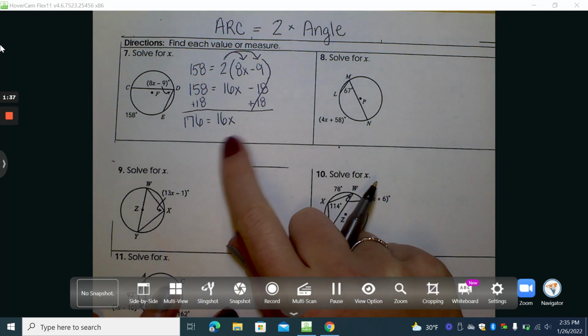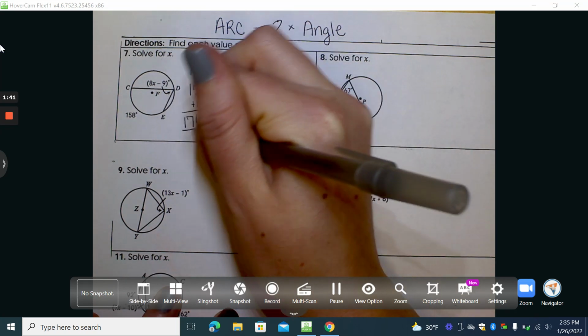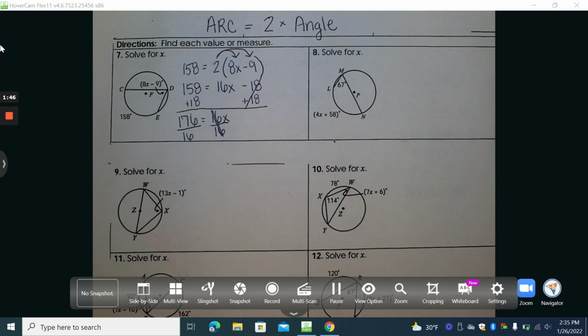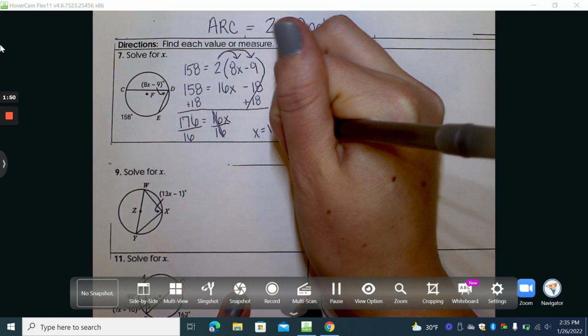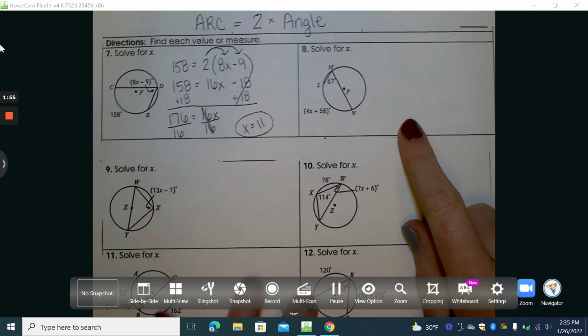And my last step, anytime I have a number in front of my x, I'm going to divide by 16. And so 176 divided by 16 gives me 11. X equals 11.